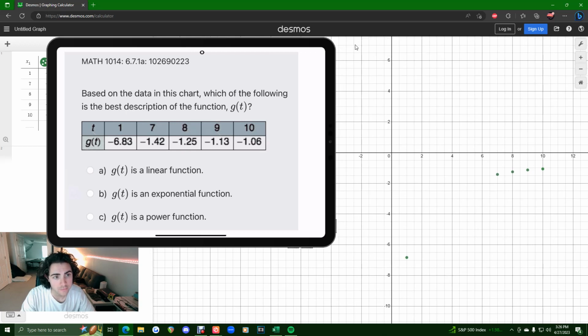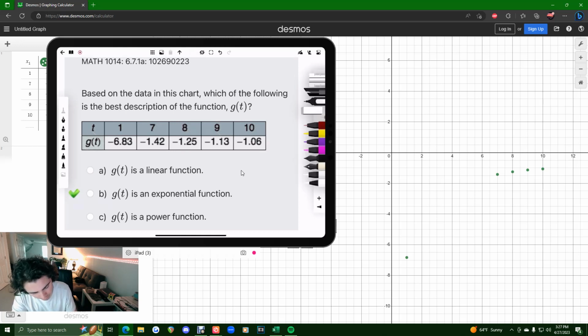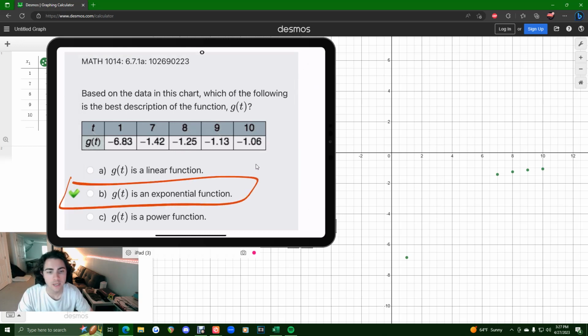Or if it decreases then it increases, any sort of parabola is a good sign that it's a power function. Exponential is just like a regular kind of ramp curve situation. I hope that makes a little bit of sense. I'm trying to find the best method to go about this problem, but exponential is the answer we are looking for here just by getting a scatter plot of these points.